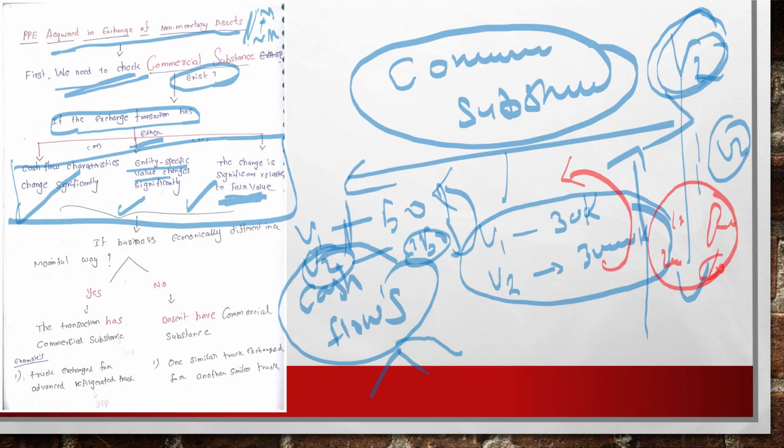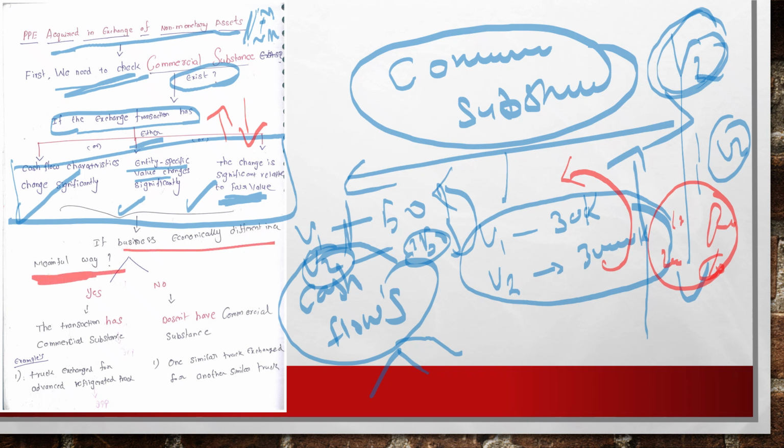So if any significant value is changing, either upward or downward, you should identify it. If the business is economically different in a meaningful way, so if these changes happen, the business definitely changes in a meaningful way.